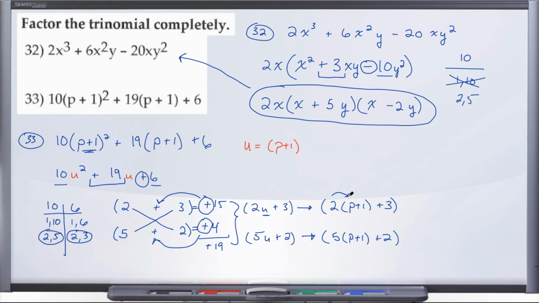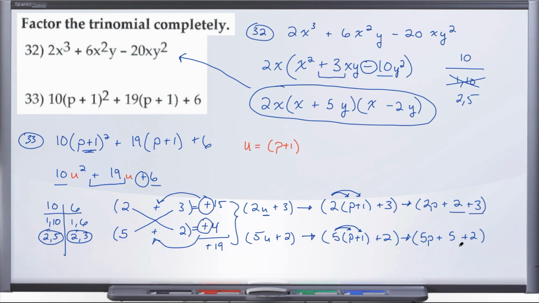So we can distribute this 2 through, and we're going to get now 2p plus 2 plus this 3. And we'll do the same thing here. We'll distribute the 5 through. So we end up with 5 times p gives us 5p, 5 times 1 gives us plus 5, and then we have our plus 2, which wasn't affected by this distribution.